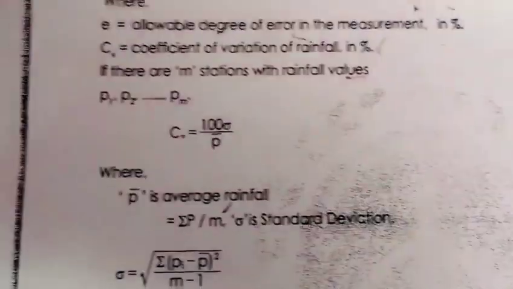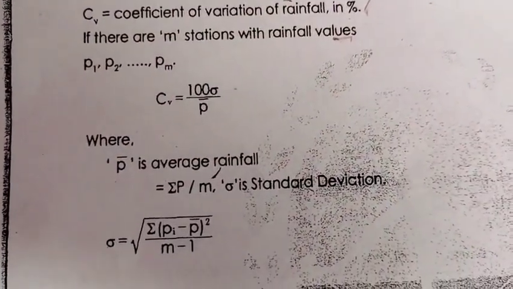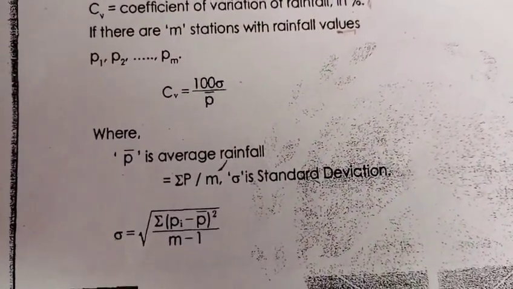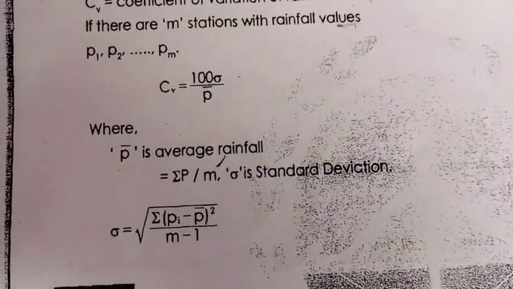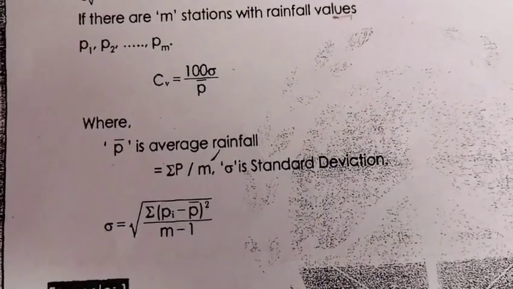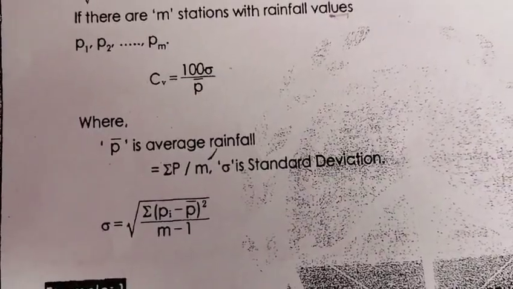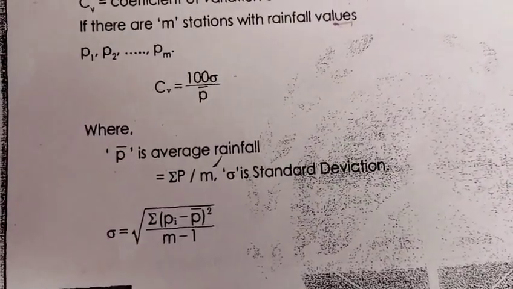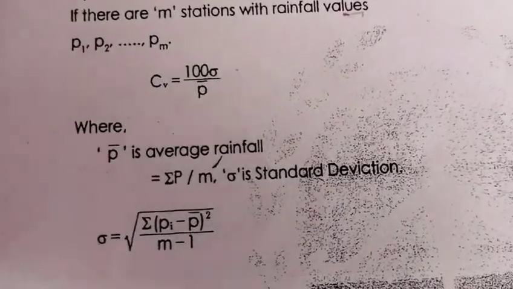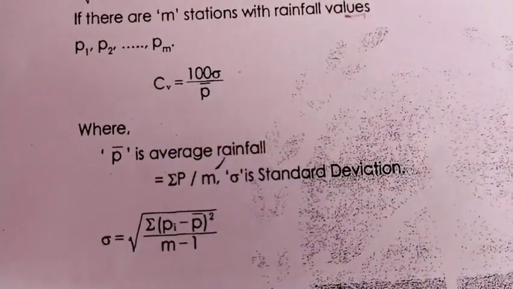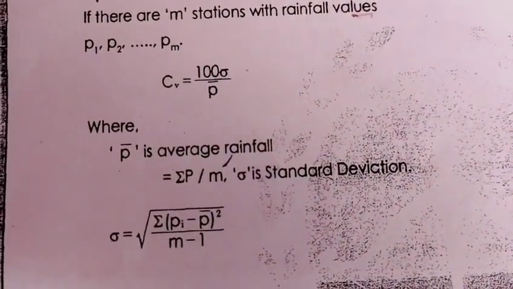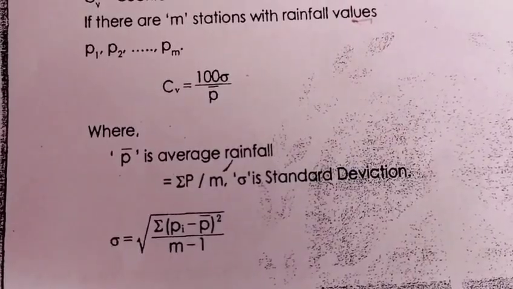Now to calculate that sigma, there is a formula: sigma is equal to under root of summation of (Pi minus P bar) bracket raised to 2 divided by m minus 1. See the formula to calculate the standard deviation.